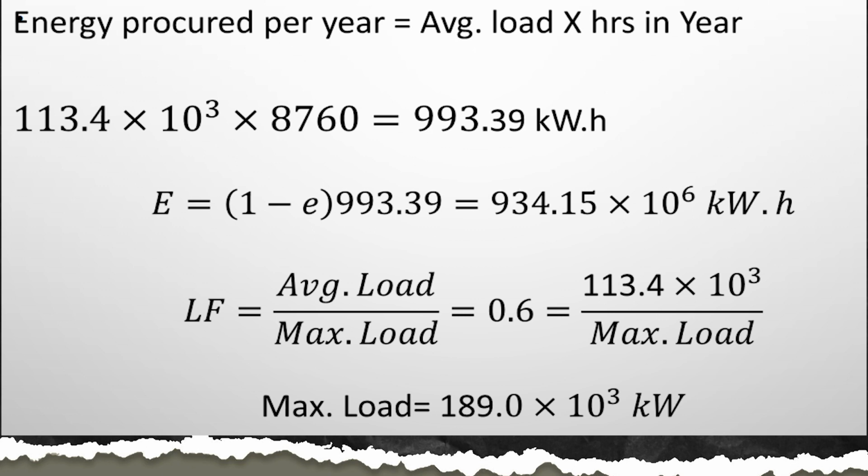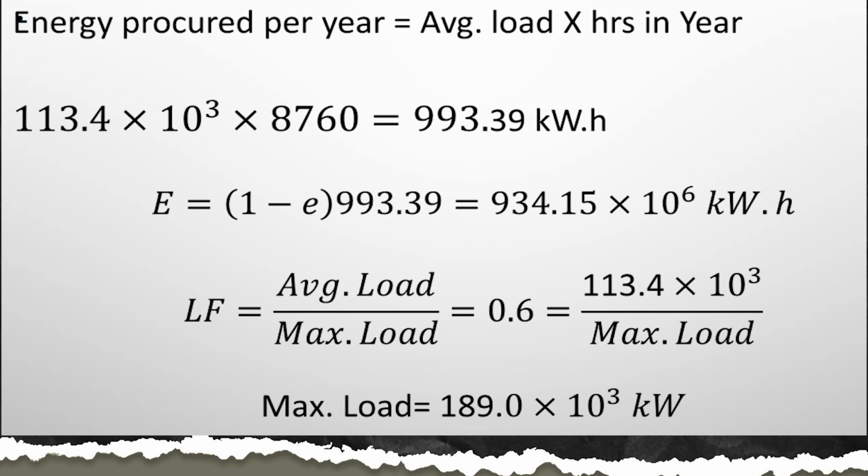So (1 minus E) into this figure, 993.39 kilowatt hour, gives the actual energy produced, that is 934.15 into 10 raised to 6 kilowatt hour. So this is the actual energy produced per year.